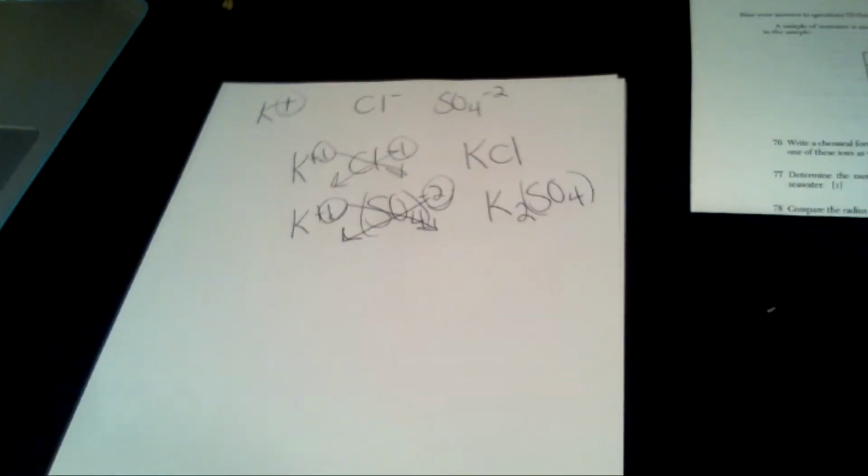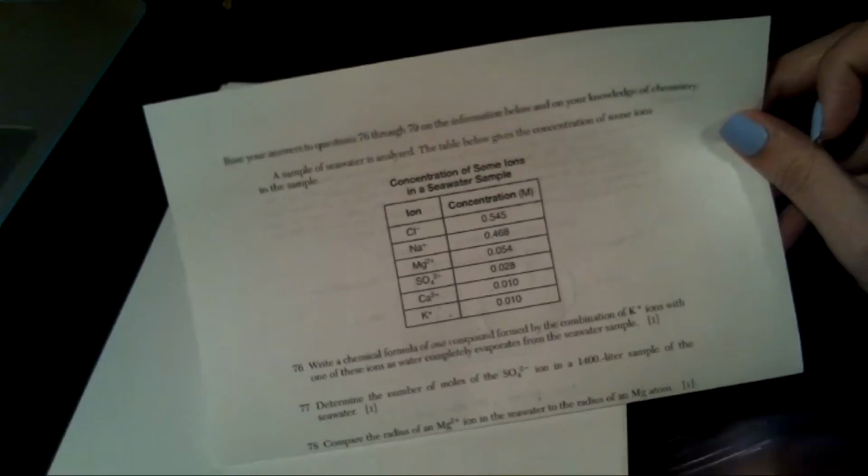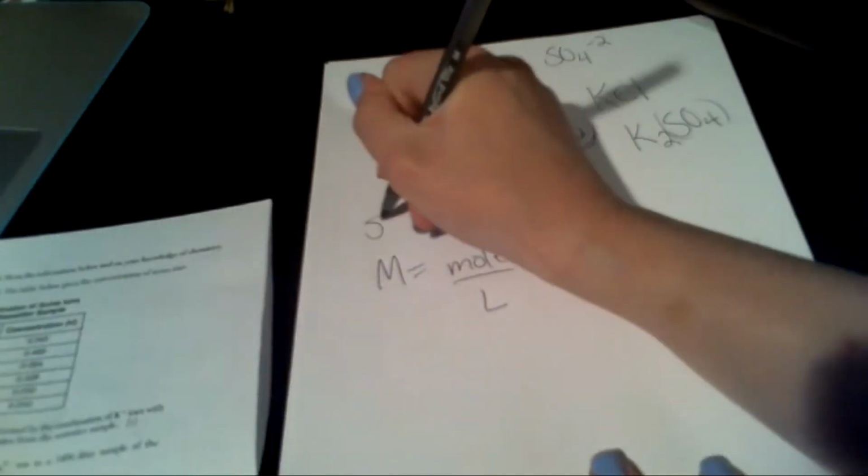77, determine the number of moles of the SO4 2- ion in a 1,400 liter sample of seawater. Okay. This is represented in molarity, which is moles per liter. So we have molarity equals moles per liter.